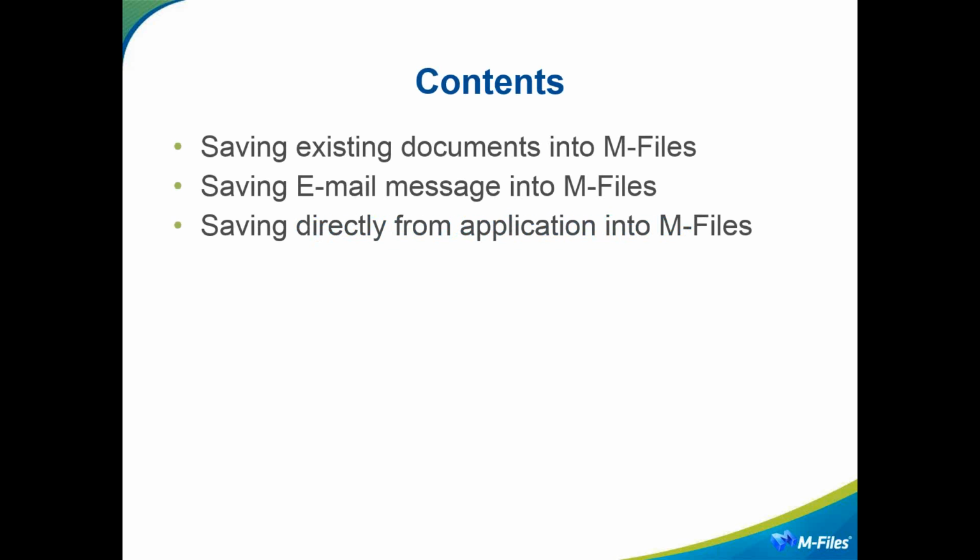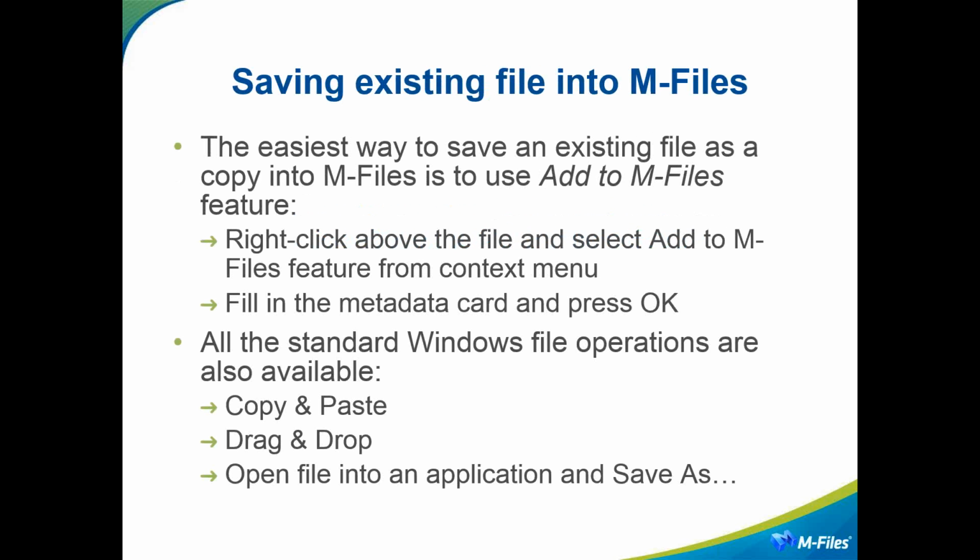We can save documents and emails directly from the application into M-Files by choosing File, Save As. There's also an integration in all the Microsoft Office products, Outlook, Word, Excel, PowerPoint, that's going to allow you to save directly to M-Files.